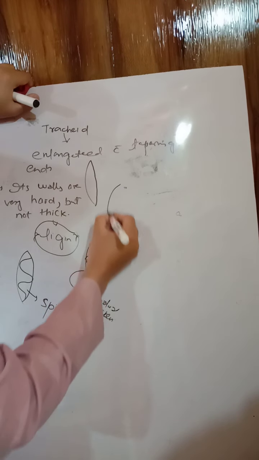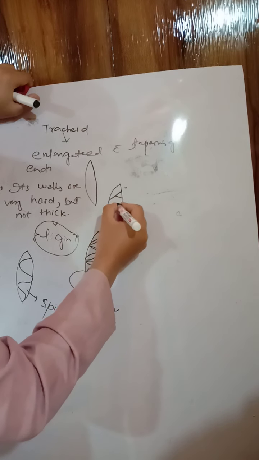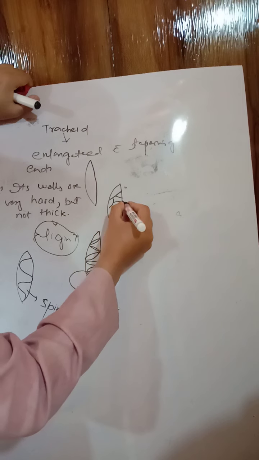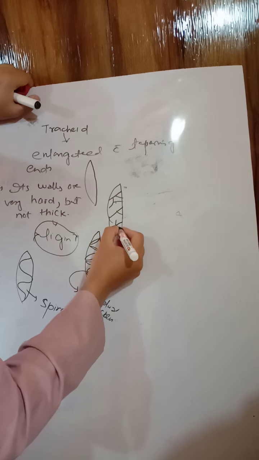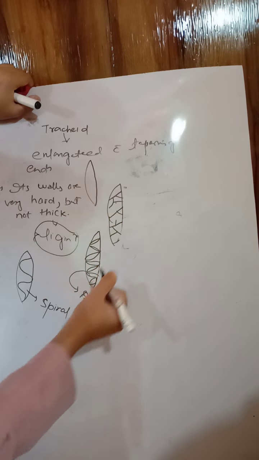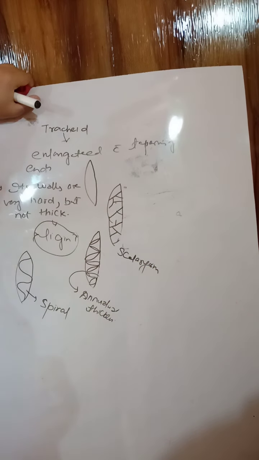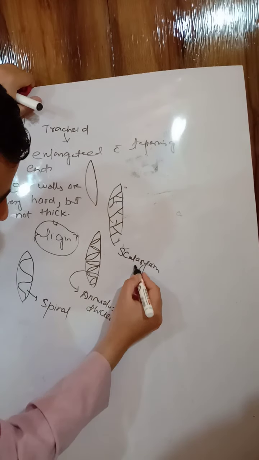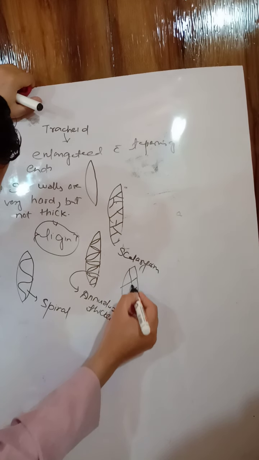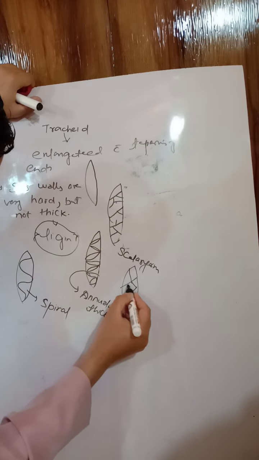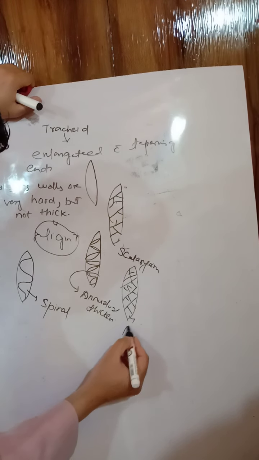If in the form of a ladder like this, it constitutes scalariform. But if in the form of a net like this one, it constitutes reticulate.